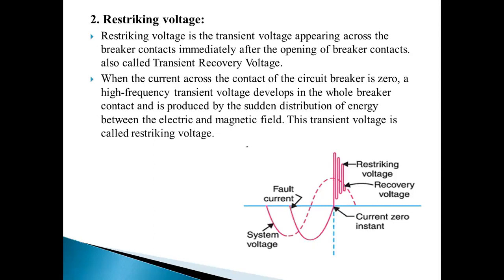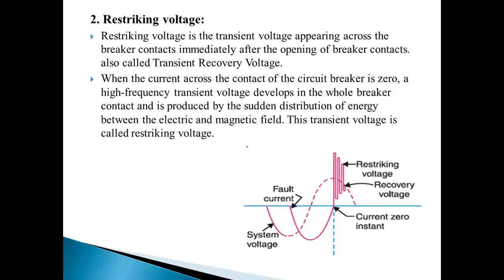Restriking voltage is nothing but the voltage at the instant when the current becomes zero. Here you can see that when there is current zero, it means the contacts of the circuit breaker are open, and the current is equal to zero.